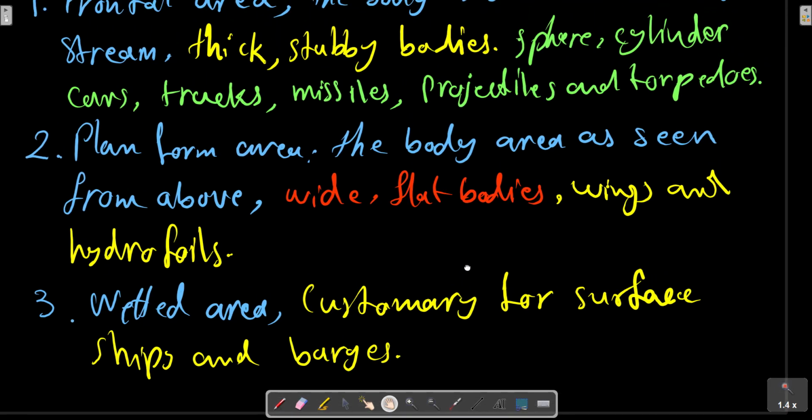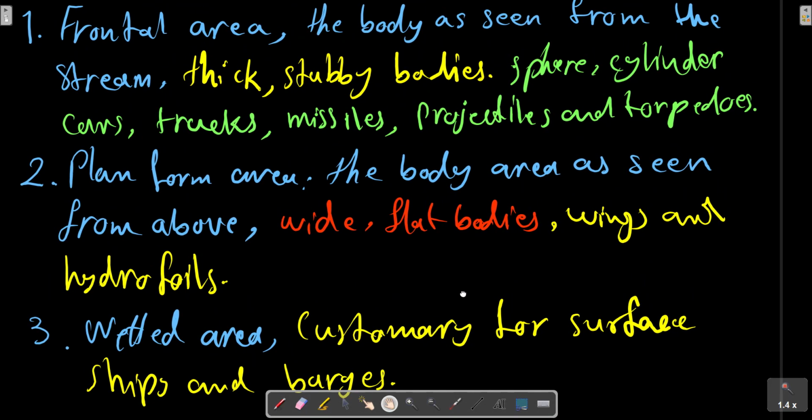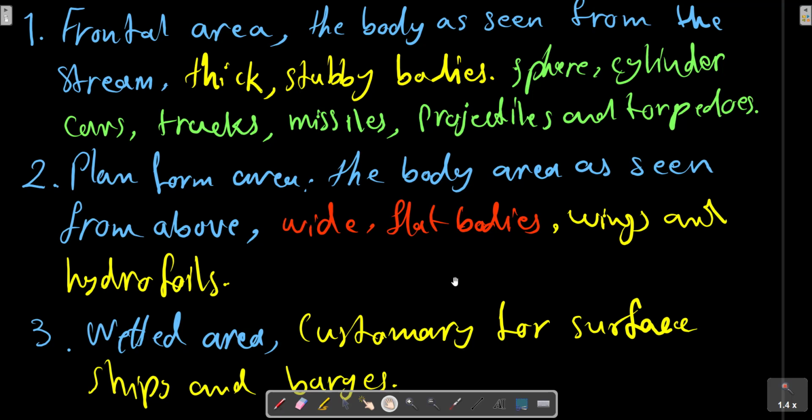These are the three types of areas used in the drag force application, especially in experimental work. This discussion will continue in the next video: friction drag and pressure drag.